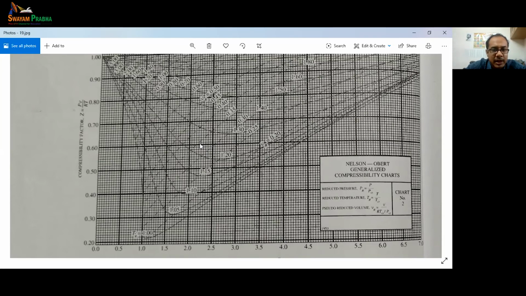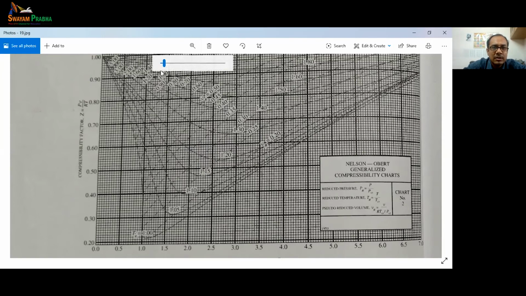ZR will be read from this axis. It will be somewhere above 0.6, that we can say. And for VR, you can see that this line is VR equal to 0.2, this line is VR equal to 0.25, this line is 0.3, and then 0.35. So I guess it is coming out to be somewhere between 0.3 and 0.4.